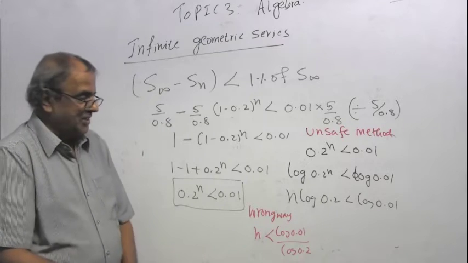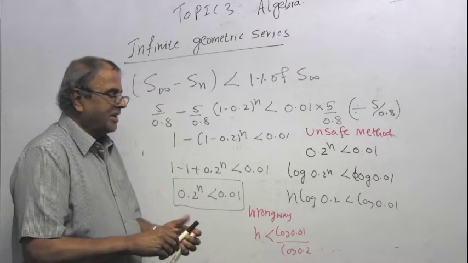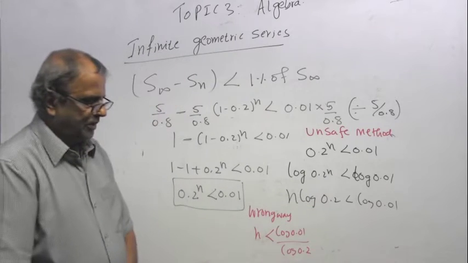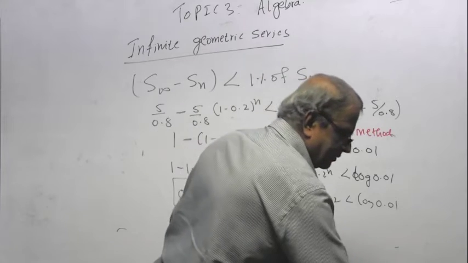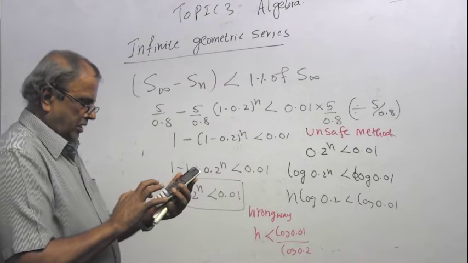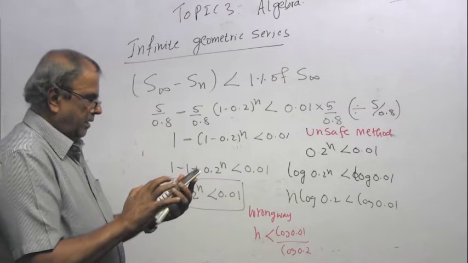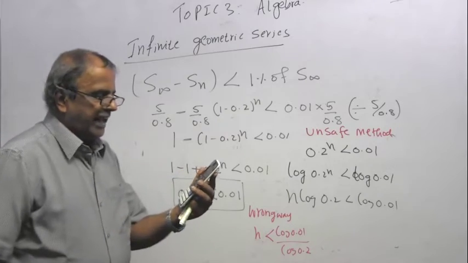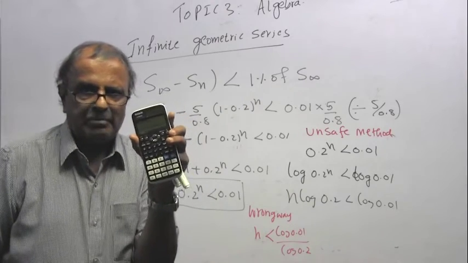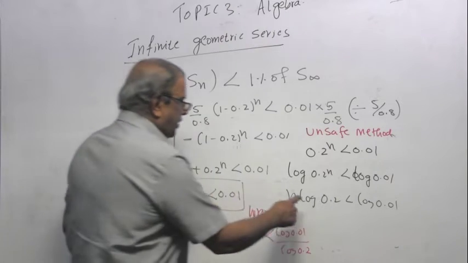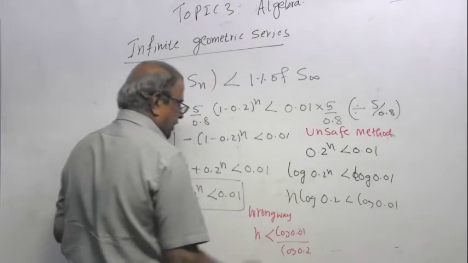Since I'm doing the question, I will show you why. Open your calculator. Look at log of 0.2. What's log of 0.2? Log to base 10, 0.2 is negative 0.6989 and so on.